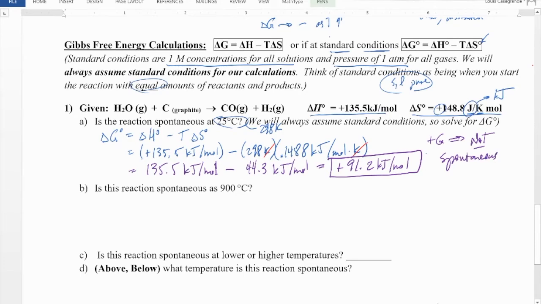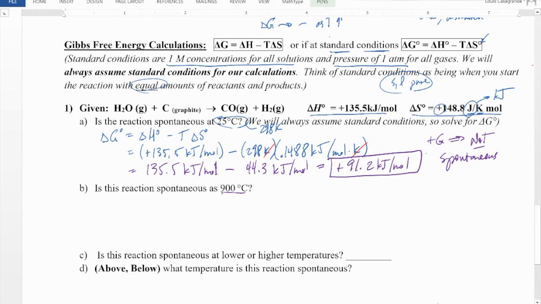Now, here's a cool thing. We know that this is going to become spontaneous at a higher temperature. How do we know that? Because we know that the T delta S term is going to become larger. So let's see what happens at a higher temperature.